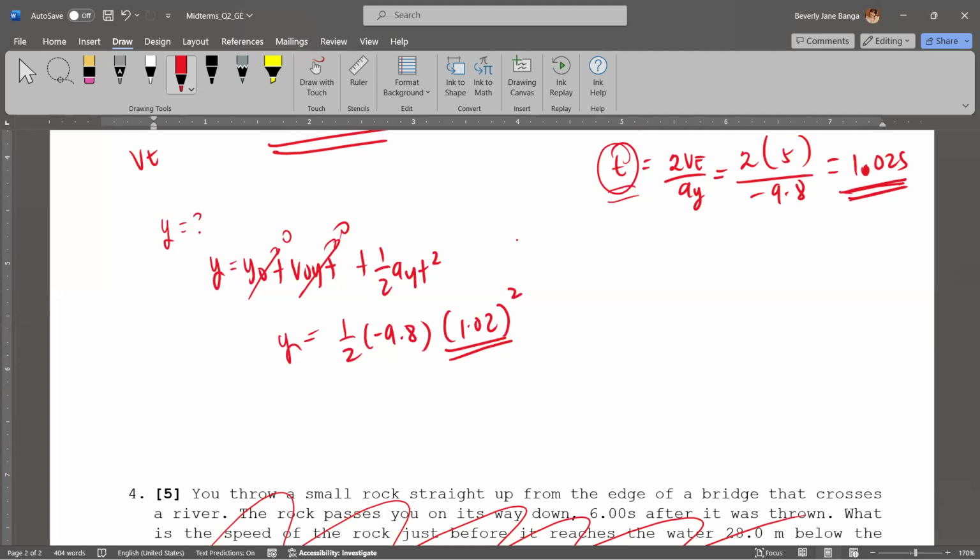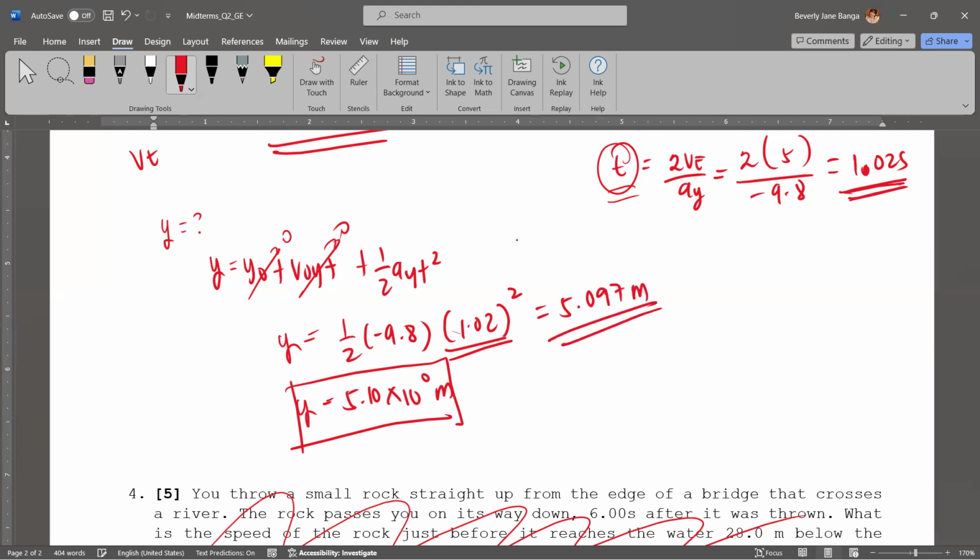Ibig sabihin, saan kaya siya galing kung yung travel time lang ay 1.02? So, ito na yun, no? So, y is basically 5.10 times 10 raised to 0 meters. So, from a height that is 5.10 times 10 raised to 0 meters. So, ang exact answer ay 5.097.